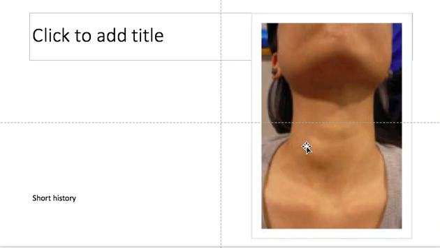The secondary determinant is the size. Why I say the FNAC is the primary determinant is, if there's a problem in the FNAC, either doubt of a malignancy or confirmed malignancy, you operate irrespective of the size.